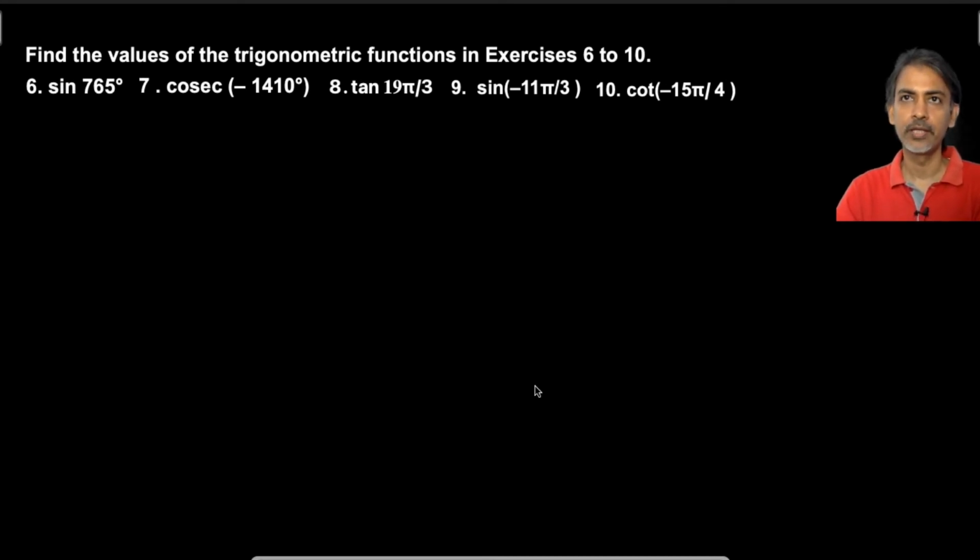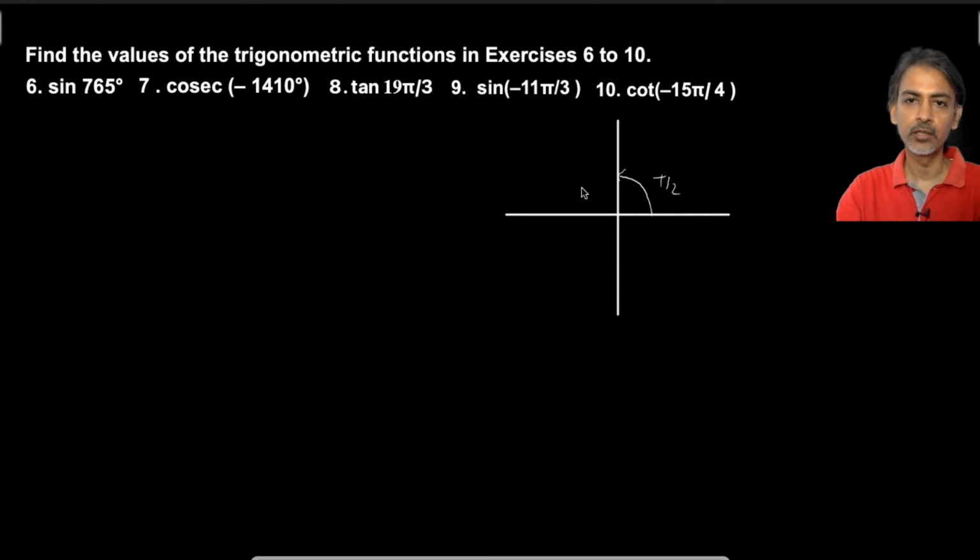problems. Alright, so let's first draw the coordinate axis so that we understand how the angles work. When you look at the coordinate axis, from here to here we have the value of theta from 0 to 90 degrees or 0 to pi by 2. So from here to this side we'll be moving in the positive direction, and our value of theta would be pi by 2 or 90 degrees.